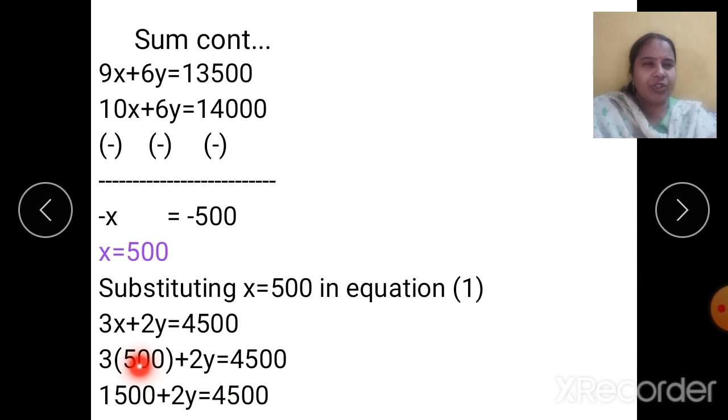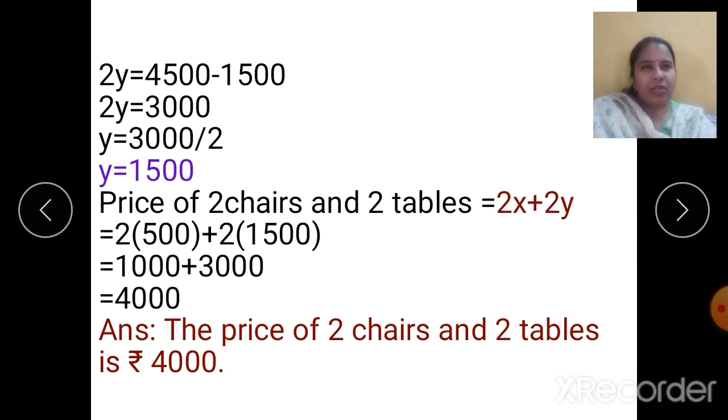Now shift this 1,500 to this side. What we will get? 2y is equal to 4,500 minus 1,500. So 2y is equal to 3,000. Next step is 2 can be shifted down. y is equal to 3,000 upon 2, which comes to 1,500.